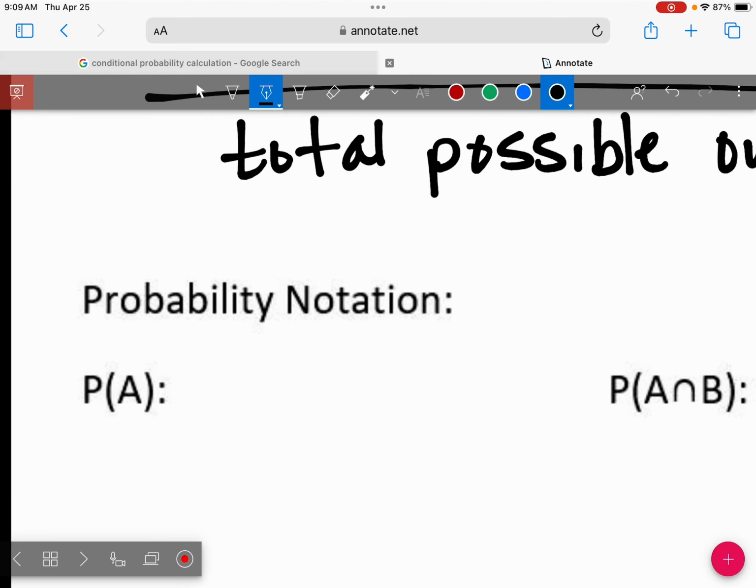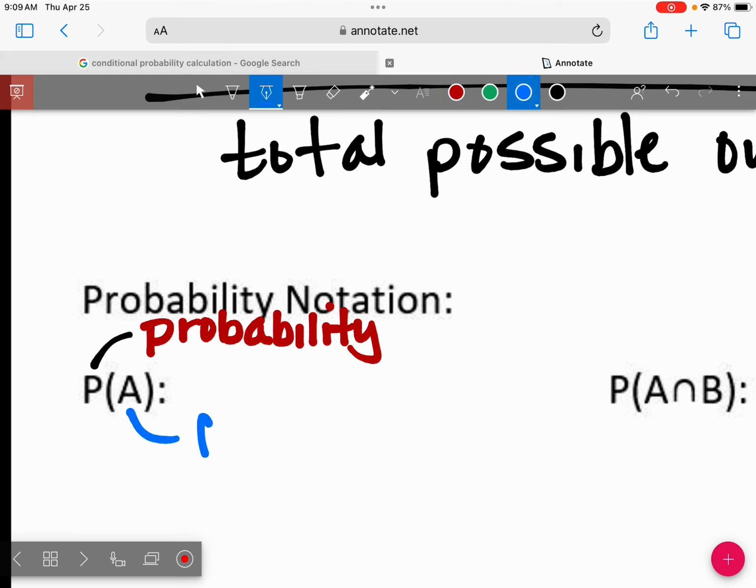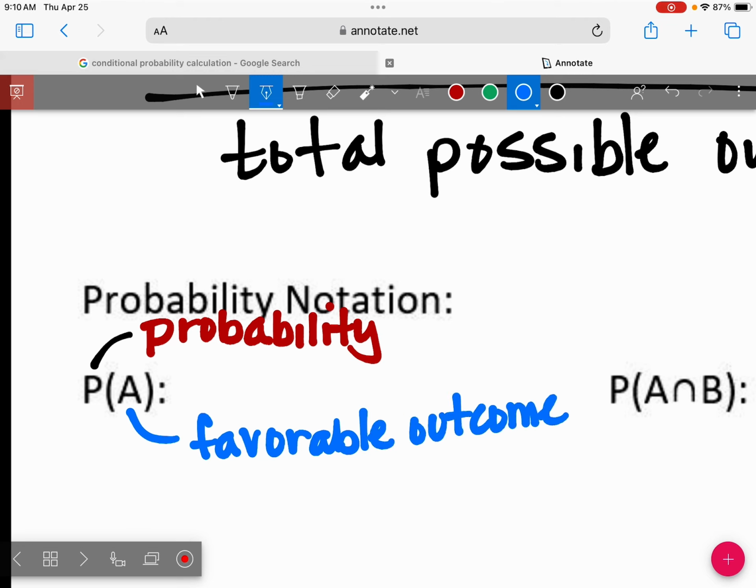So first of all, when we put this capital P, that capital P means probability. So everything we write is going to start with a capital P for probability. What's inside of the parentheses is my favorable outcome, and that A could mean anything.